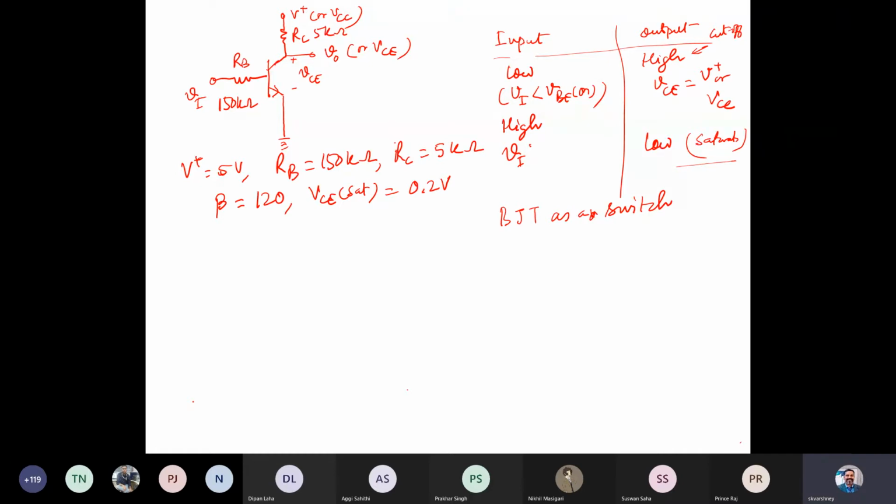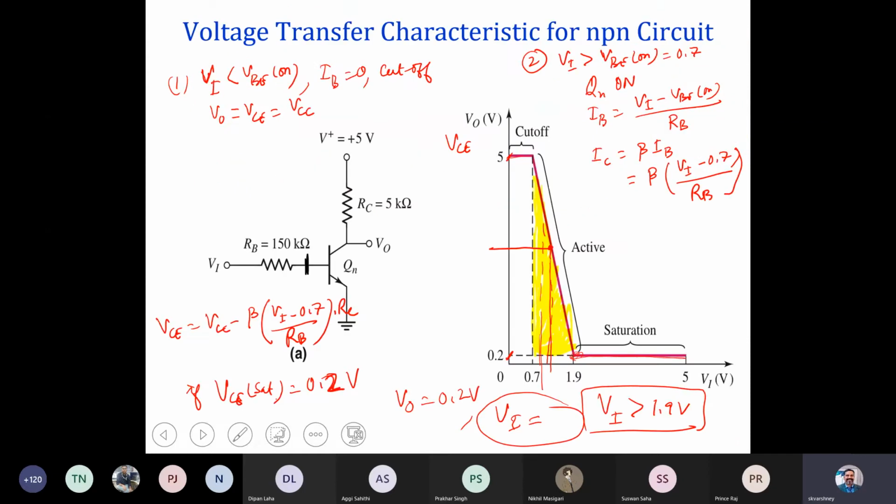So I think this is what we have done. If we write down the output voltage, we already expressed it here. VC is your output.